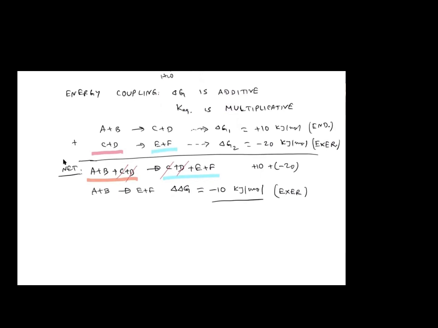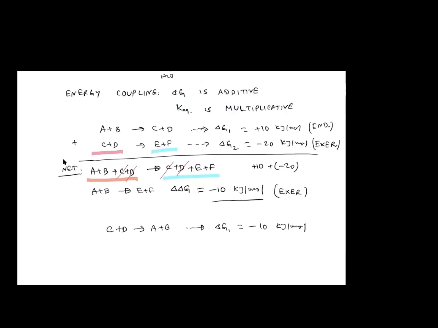Now, if you write that as C plus D going to A plus B, so basically we flipped it, okay, then the delta G, we're going to flip the sign also. Right, we're going to do examples of how that works out.